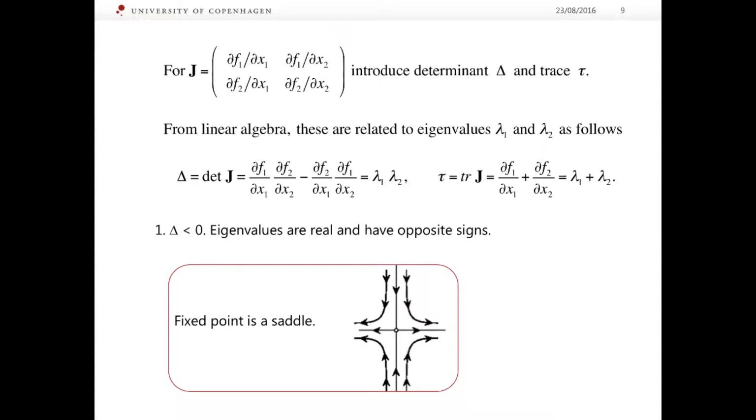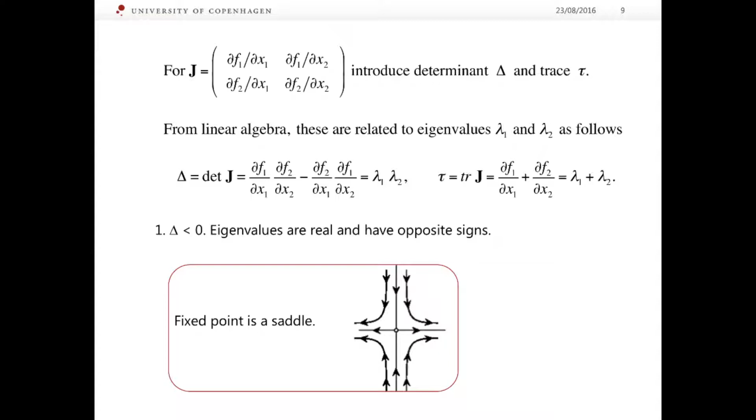If we set initial conditions exactly on the stable manifold, we are going to stay on this manifold forever as time goes by, and we are going to gradually approach the fixed point but never reach it exactly. If we set initial conditions on the unstable manifold, again we are going to stay on this manifold forever as time goes by, but we are going to go away from the fixed point.